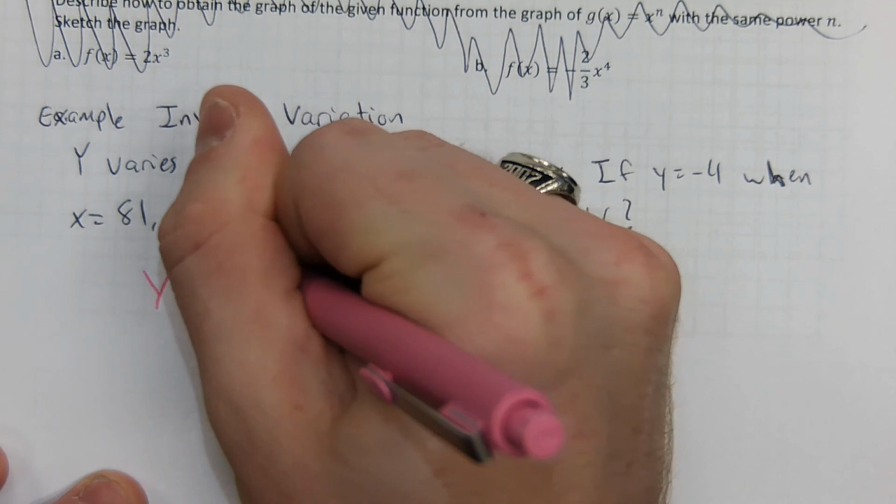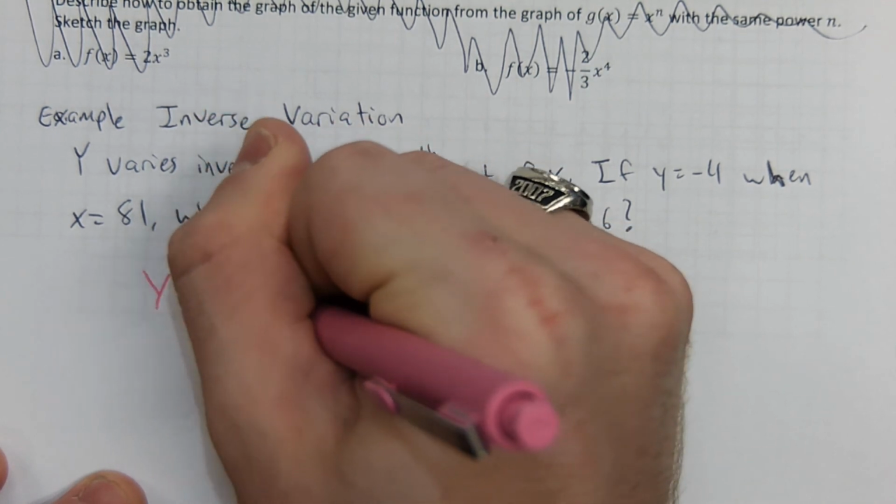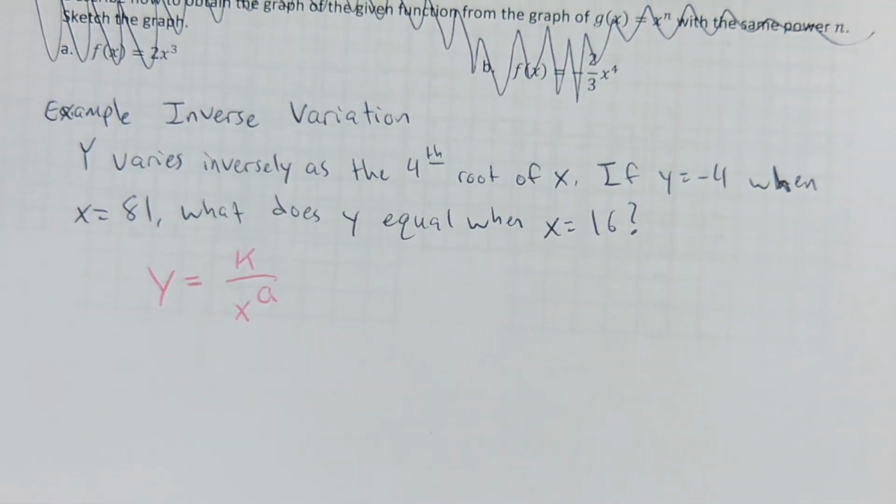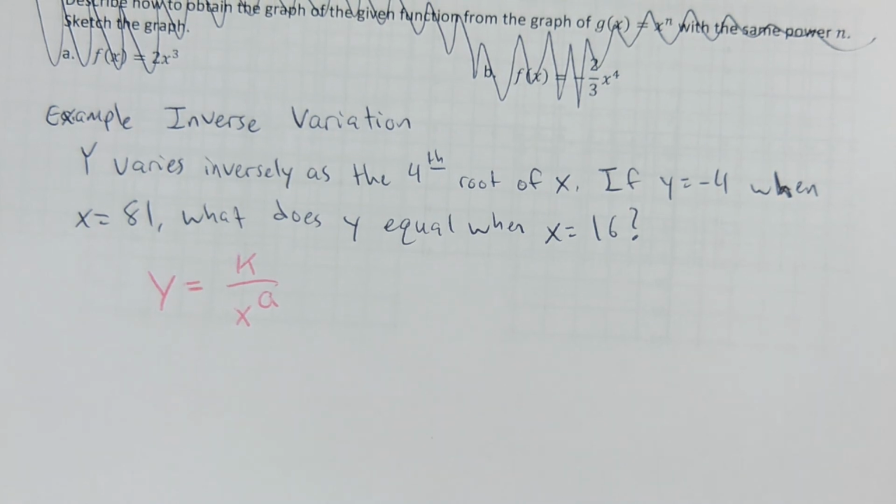Y equals k over x to the a. That is inverse variation. And it specifically says the 4th root. So what would a be then? 1/4, because it's the 4th root.